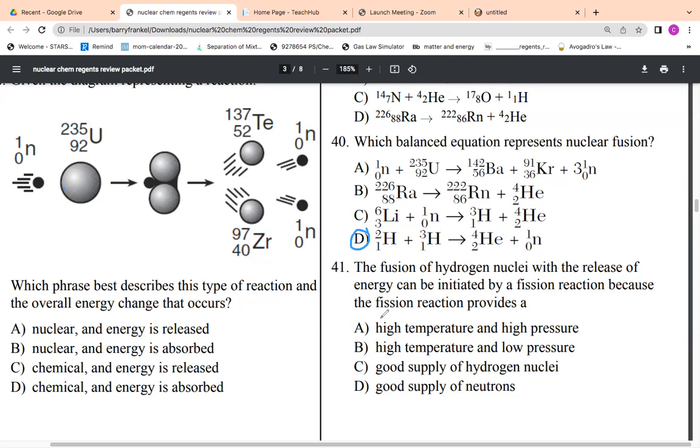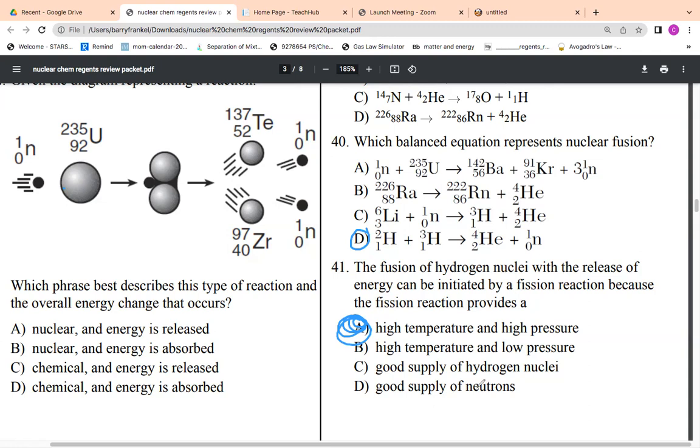We use fission reactions because we haven't yet been able to replicate fusion reactions because the conditions that you need for fusion to happen are really, really intense. They require high temperature and very high pressure. Remember those values that I showed you? It was about 27 million degrees Fahrenheit in the center of the sun and about 260 billion atm of pressure.